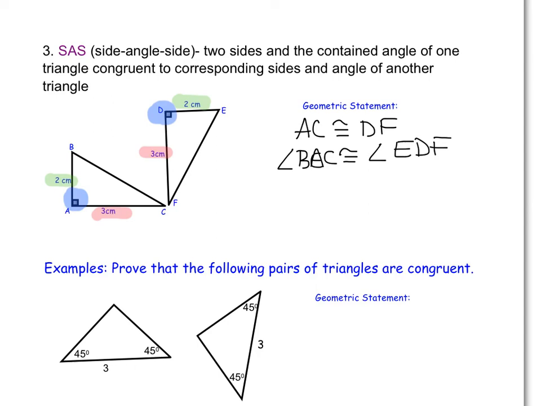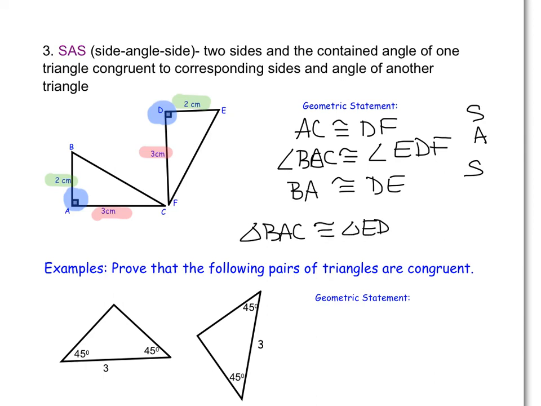So side BA is congruent to side DE. So now I've proven that these two triangles are congruent because I have a side, a contained angle, and a side. So we've proven they're congruent by SAS. So then I just need to write my conclusion. So triangle BAC is congruent to triangle EDF by SAS.